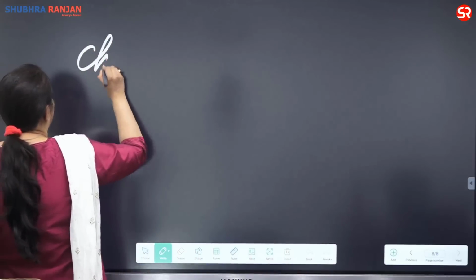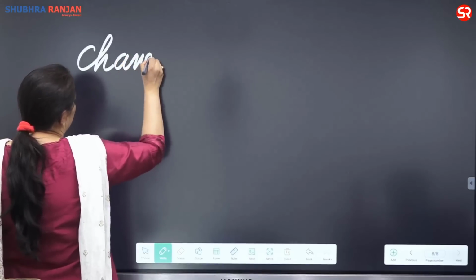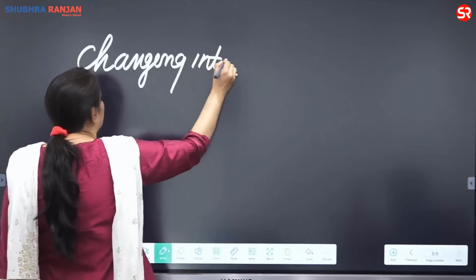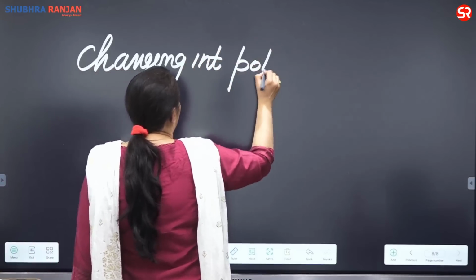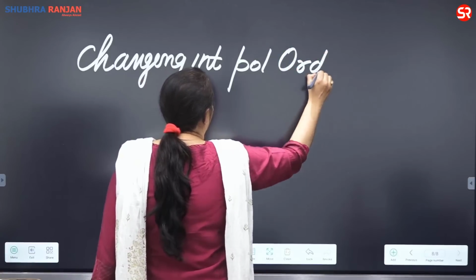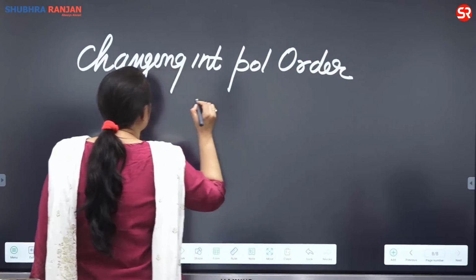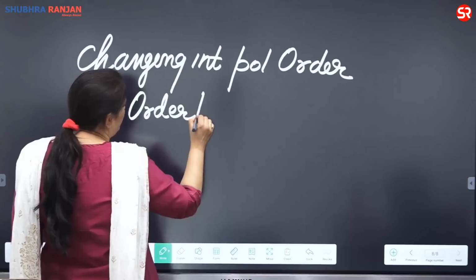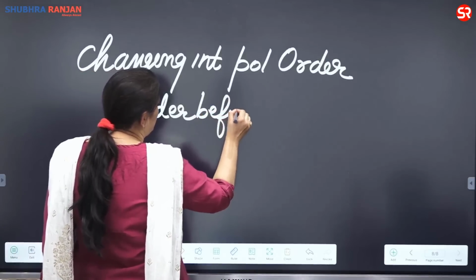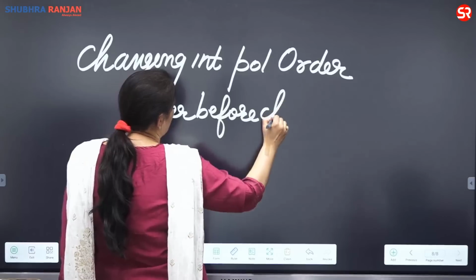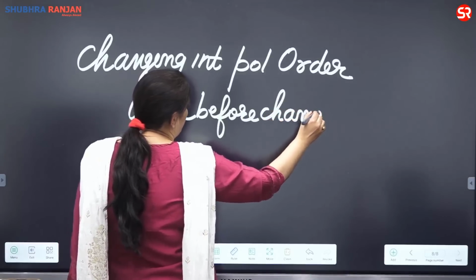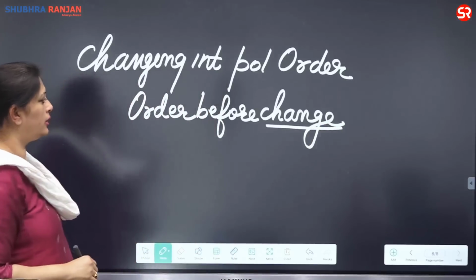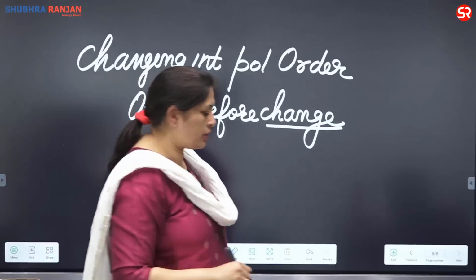So the changing international political order means you should know the order before the change. What was the order before the change?